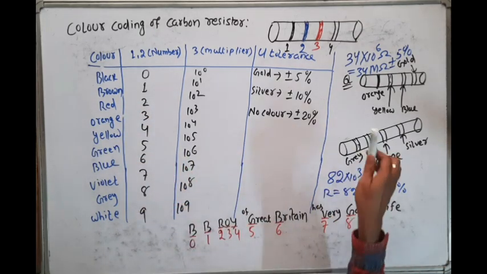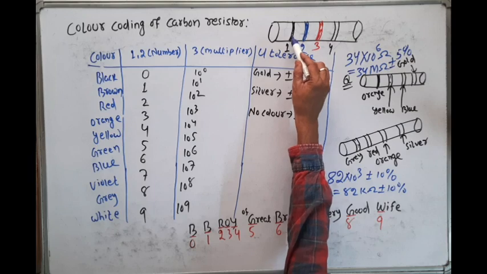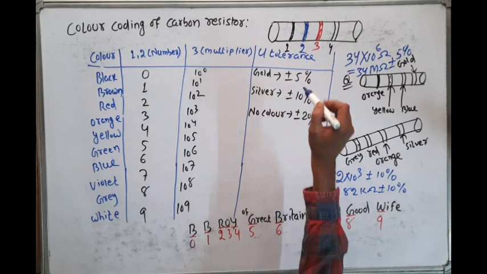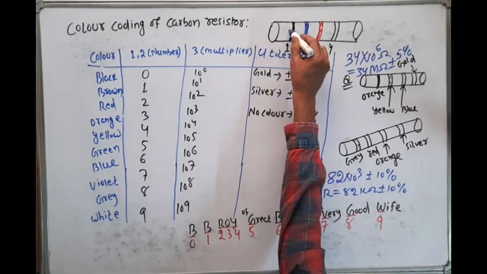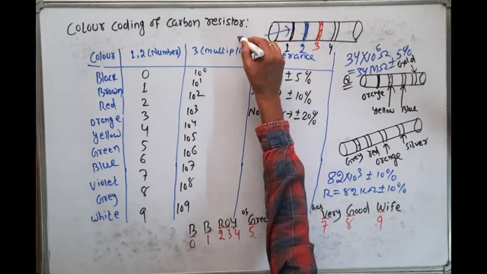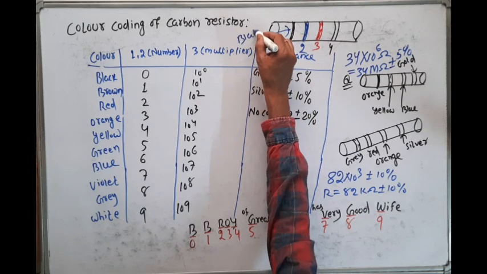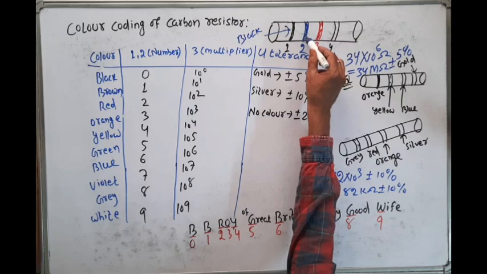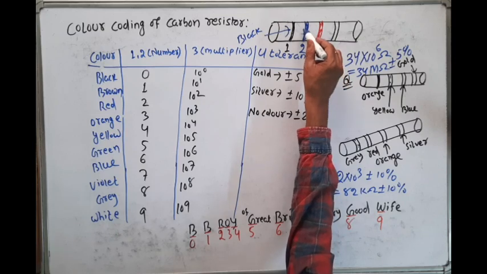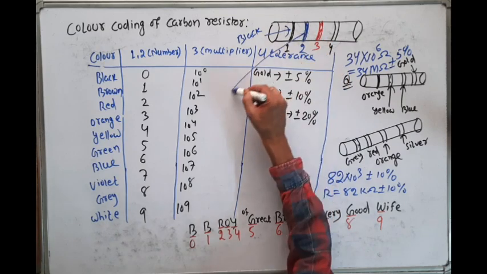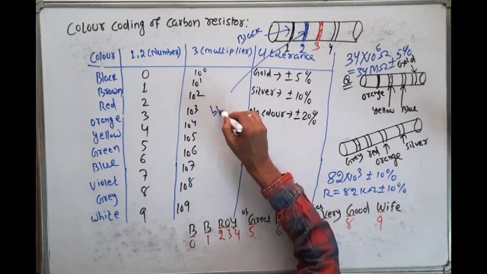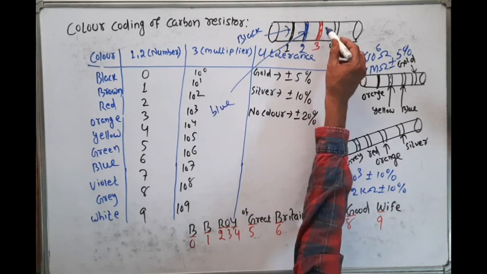Okay, so now this is homework for you. The first band is black. The second is blue. The third one is red.